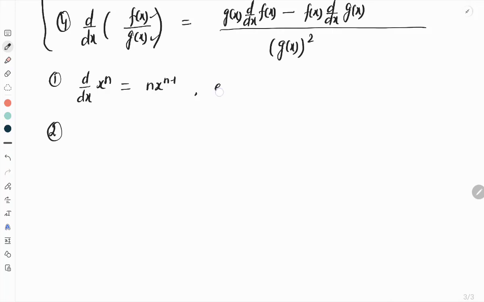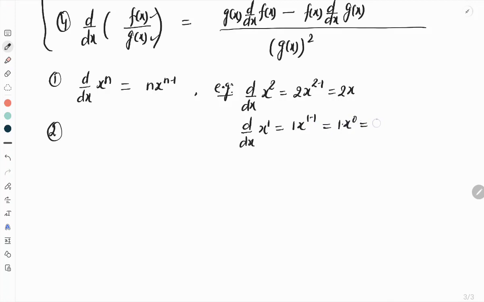For example, dy/dx of x square: 2 outside, x power 2 minus 1, reduce the power by 1, it is 2x. Similarly, dy/dx of x, x means x power 1, 1 outside, x power 1 minus 1, so it is 1 into x power 0, that is 1 into 1, so this is 1.